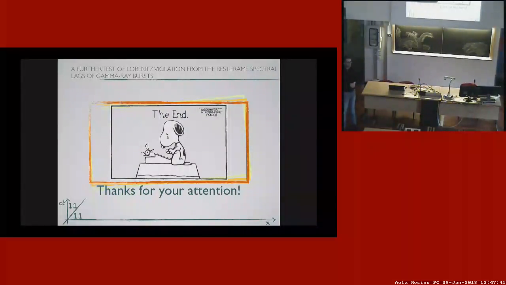But there is a study by collaborators in 2012 that shows that the correlation between rest frame spectral lag and observer frame spectral lag does exist, but it is not very tight.